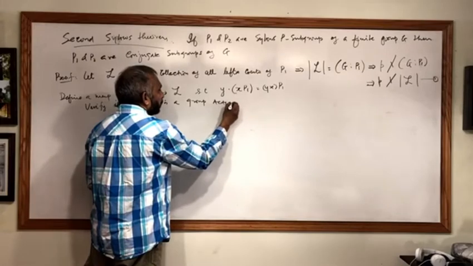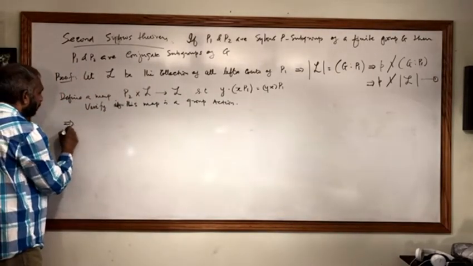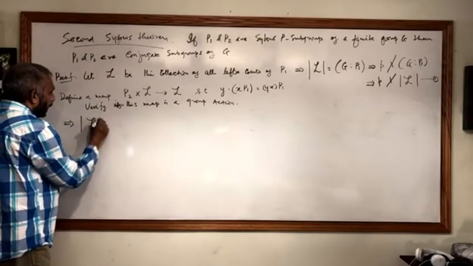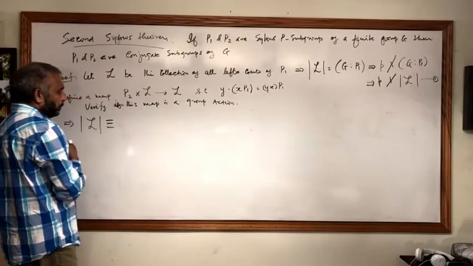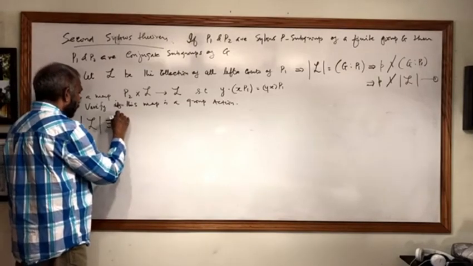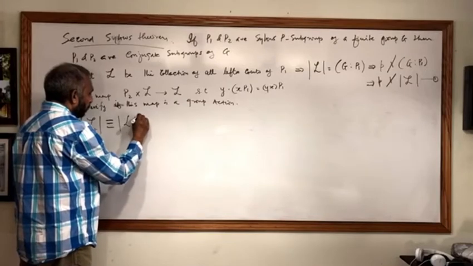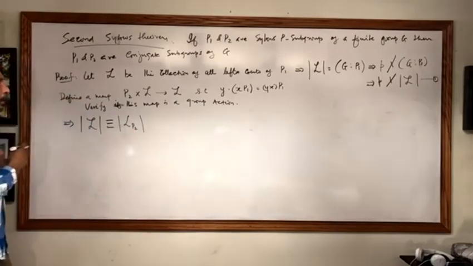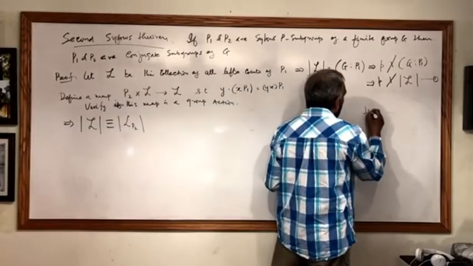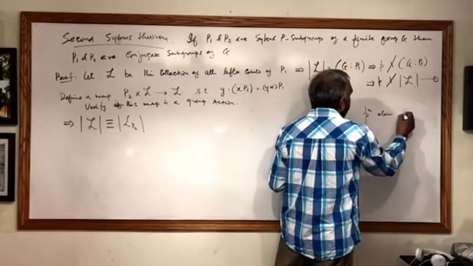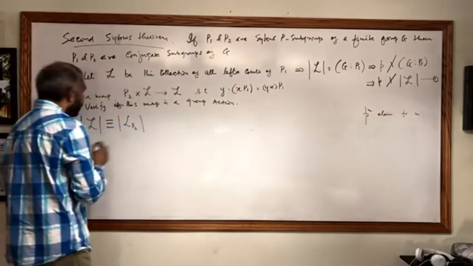It's a group action. And that implies the size of L is congruent to the size of the fixed point set L_P2 mod p, because P2 contains p to the power of n elements for some integer n.